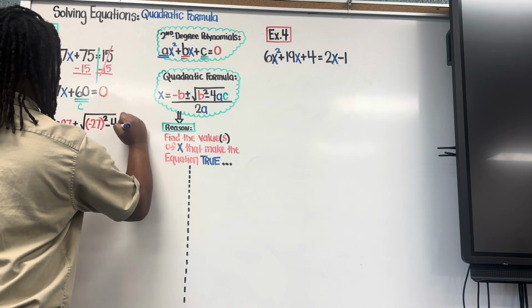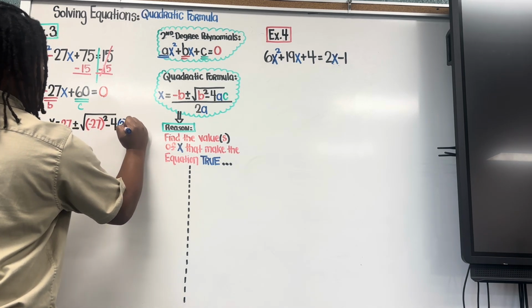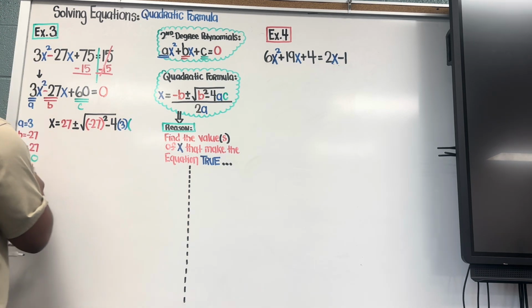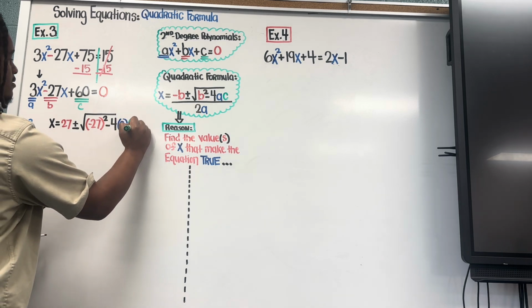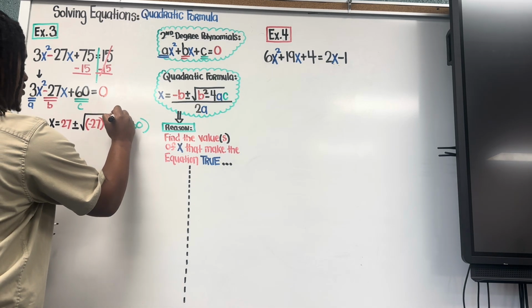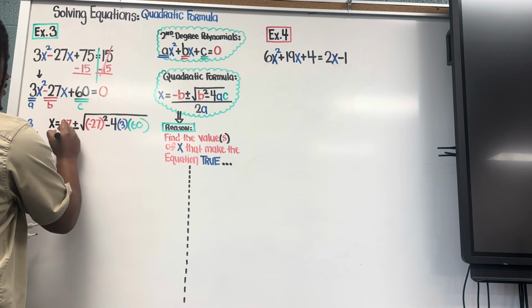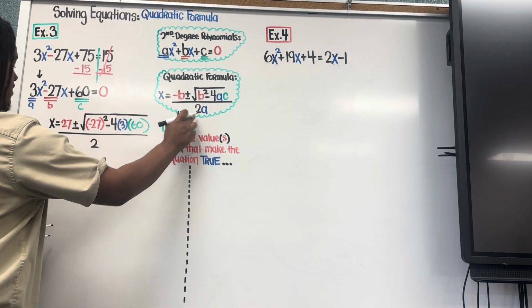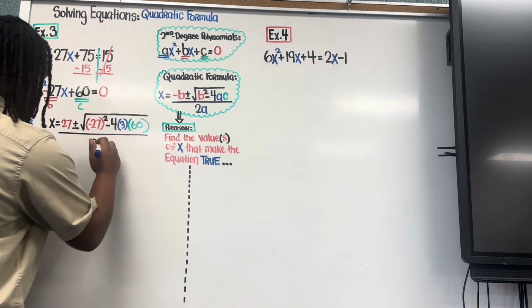So 4 times 3, times c, which is a positive 60. So times 60. Okay? All divided by 2 times a, and once again, a is 3.